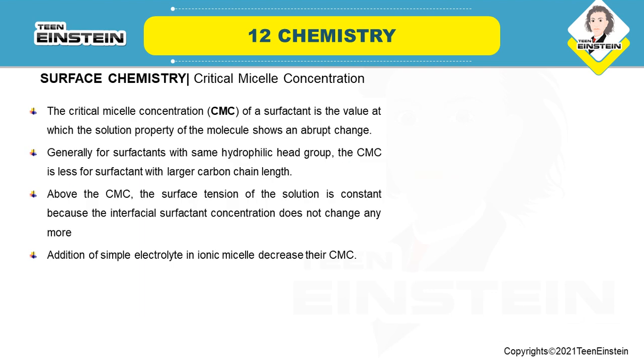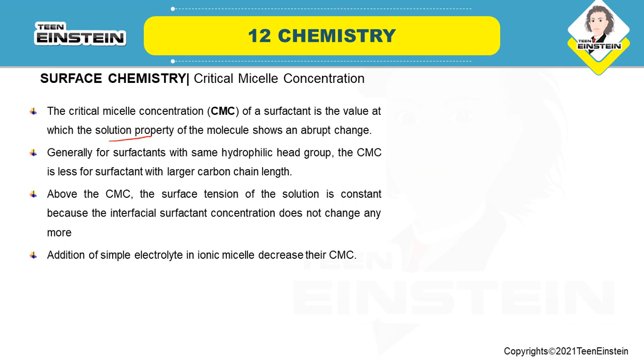Now as we have seen how the micelles are formed, but when the micelle will be formed, that we have to know. And that is known as critical micelle concentration. So the critical micelle concentration of a surfactant is that value at which the solution property of the molecules shows an abrupt change.